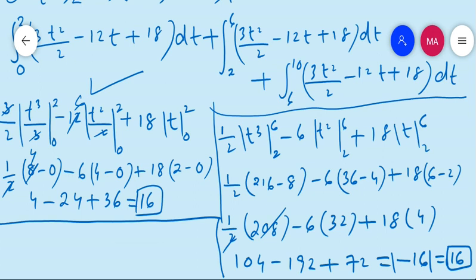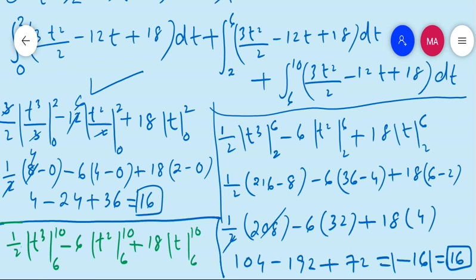Now it's time to integrate from 6 to 10. So 3 upon 2 t cube, this time from 6 to 10, sorry, not 3 upon 2, we have to write 1 upon 2, minus 6 t square from 6 to 10 plus 18 t from 6 to 10.